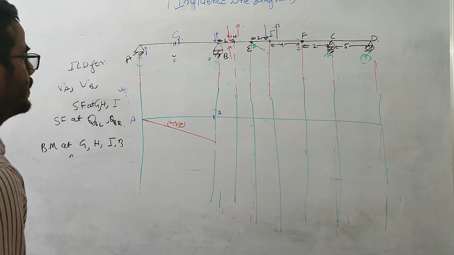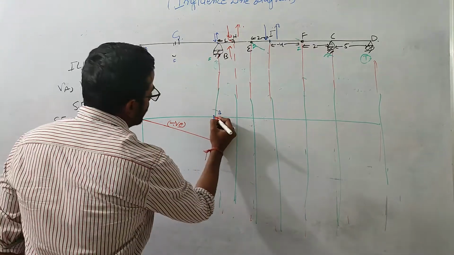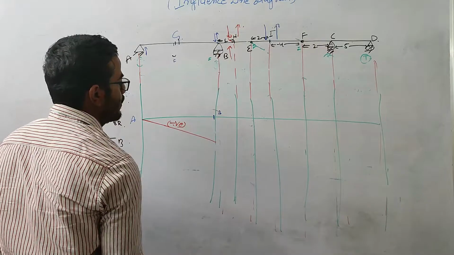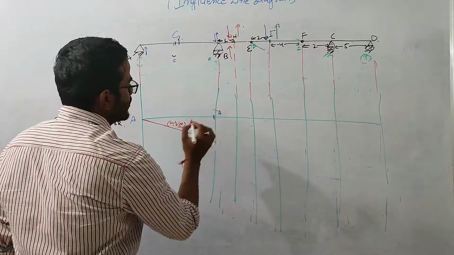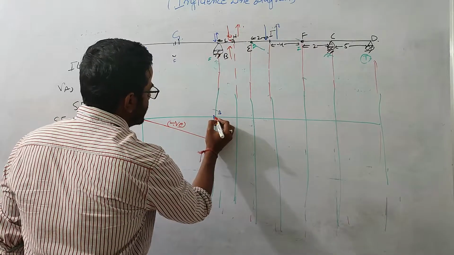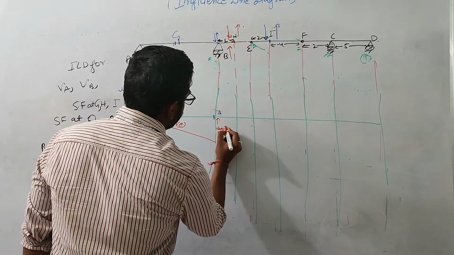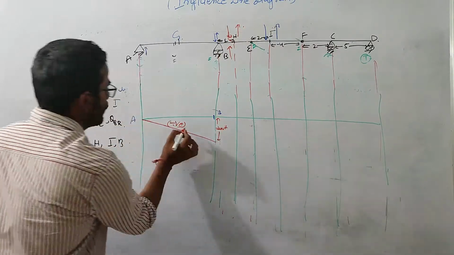And this point cannot move because it is restricted by this support B. This portion cannot move. So this is just at the left of B, so the whole unit deformation will come from this movement only.